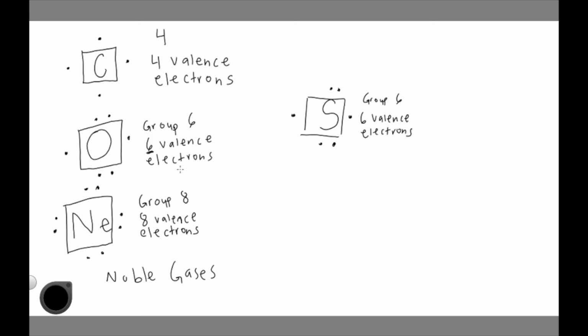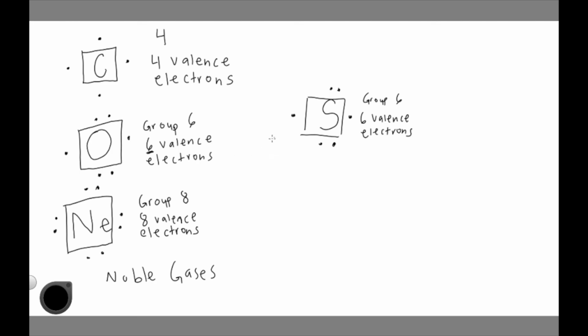So therefore, to achieve an octet, an octet is when there are 8 electrons in the outermost shell, when there are 8 valence electrons, or we can say when it achieves a noble gas configuration, we might expect oxygen and sulfur to form the same number of bonds.